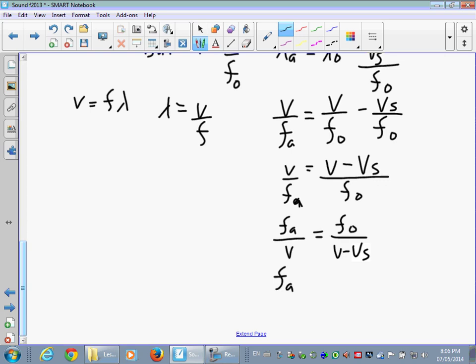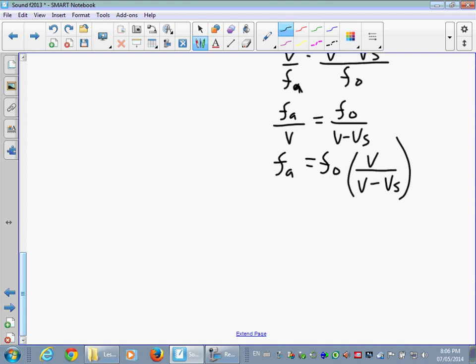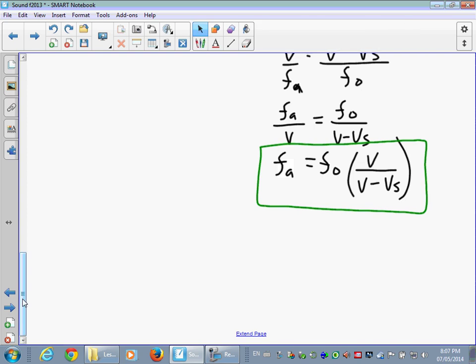We could say Fa is equal to F naught times, we'll put this in brackets, V divided by V minus Vs, because we're going to multiply by V on both sides. And that is the equation for figuring out what the frequency of the sound is when the object is approaching.